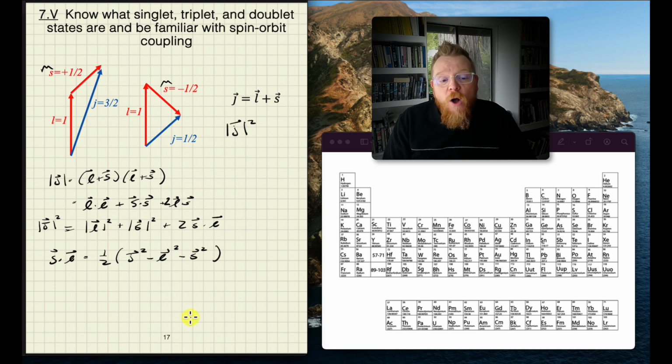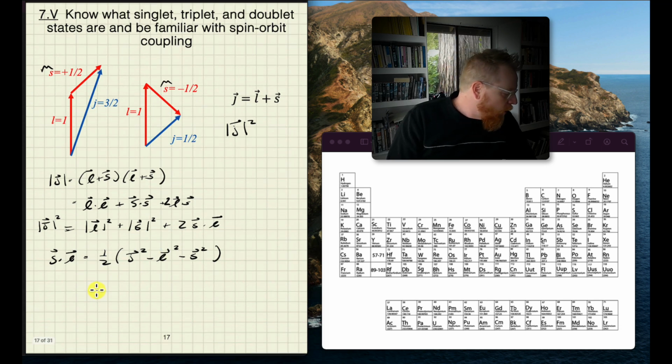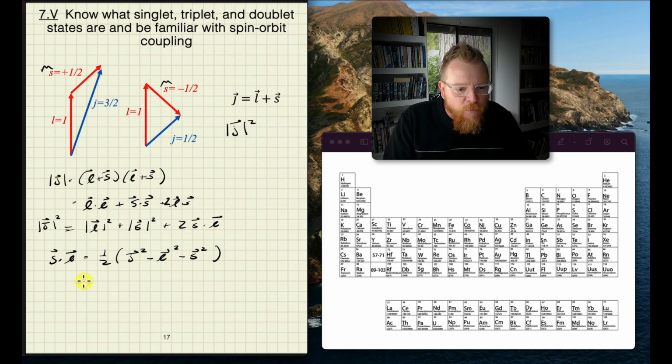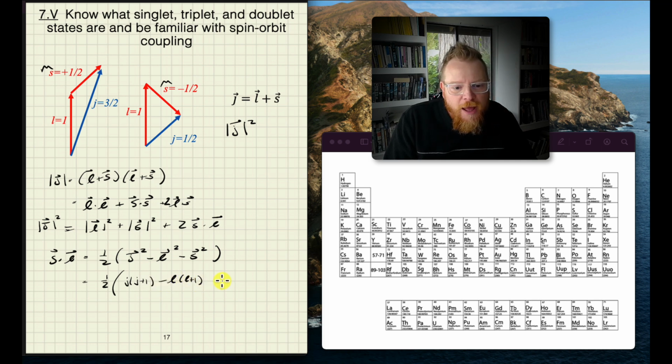Well, if we recall, the magnitude of all of those vectors went as the following, right? The magnitude goes, in the case of J, root J times J plus 1 times H bar. So putting all of that back together, we can rewrite this as the following: 1/2 times the quantity J times J plus 1, minus L times L plus 1, minus S times S plus 1, all square root, all times H bar squared.